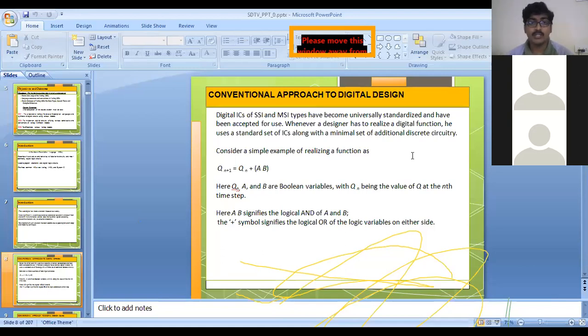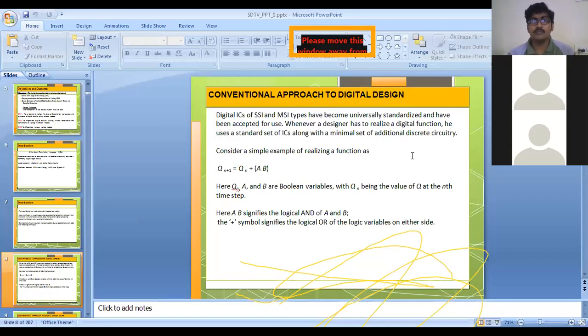Here, Qn, A and B are Boolean variables. And what is Qn? Qn is the nth time step of Q, and A and B. If you see here, Qn+1 is equal to Qn plus A dot B. Dot indicates the AND operation, and plus indicates the OR operation.